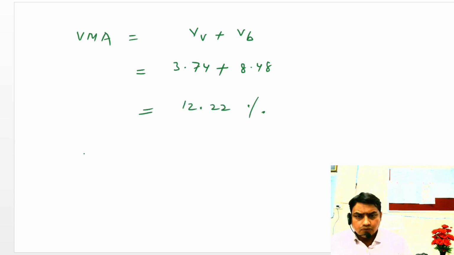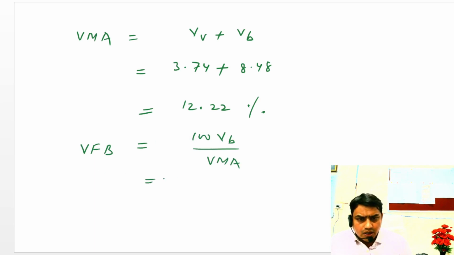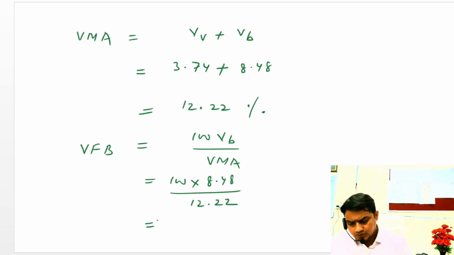So void filled with bitumen can be computed as 100 VB by VMA. So it will be 100 into VB, VB is 8.48, divided by 12.22. So 100 into 8.48 divided by 12.22.